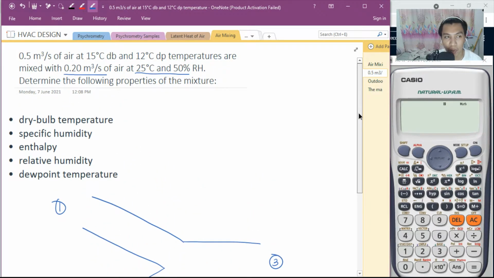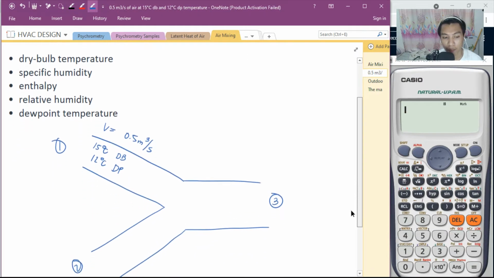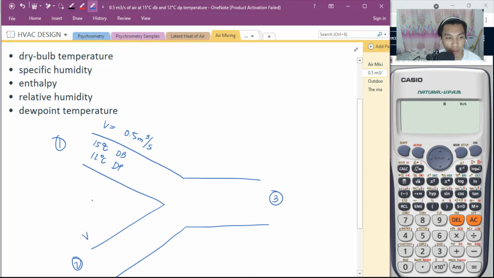What are the parameters at point 1? Meron kang given na volume dyan na 0.5 meter cube per second. Tapos, meron kang 15 degrees Celsius dry bulb. Tapos, meron kang 12 degrees Celsius dew point. Now, meron ka ditong V1, V2.